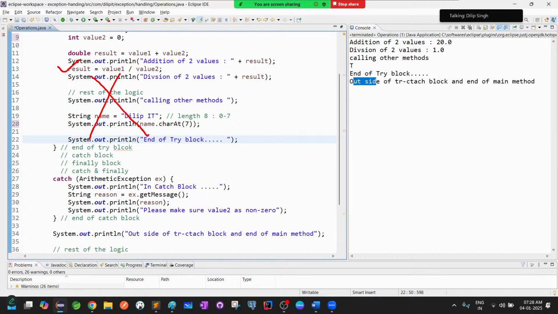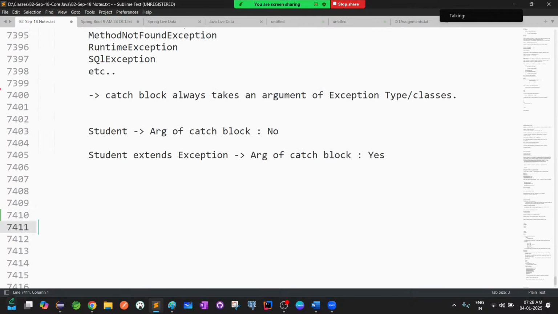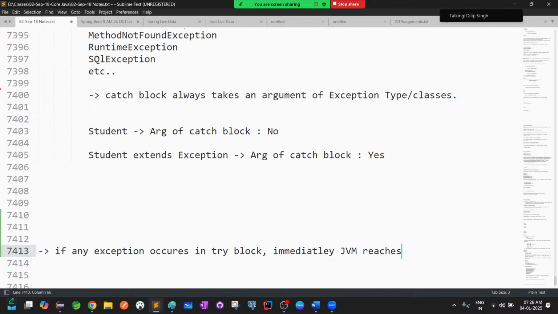So what is the rule you have to remember? Again, with respect to the try block's point of view: if any exception occurs in the try block, immediately JVM reaches the catch blocks. I'm using the phrase catch block section; I'll come back to whether it is block or blocks.